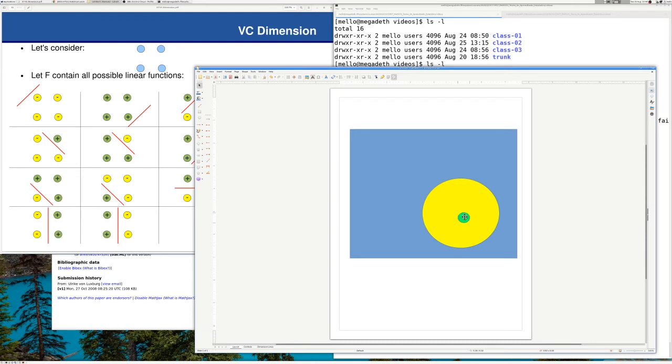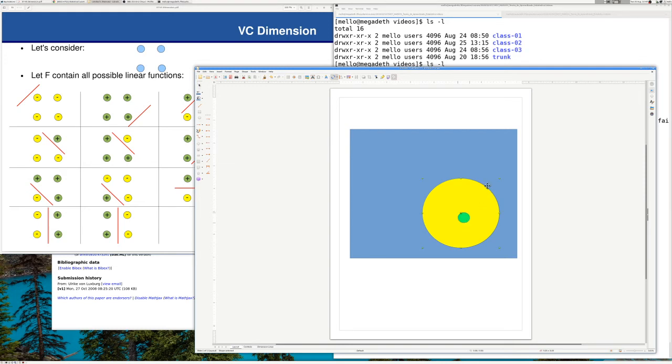Let's suppose this is a space of admissible functions whose Vapnik-Chervonenkis dimension is equal to 3, and this is equal to 5. What that basically means is that this one has fewer functions for the bias to select from to come up with a good solution, and this has more functions.